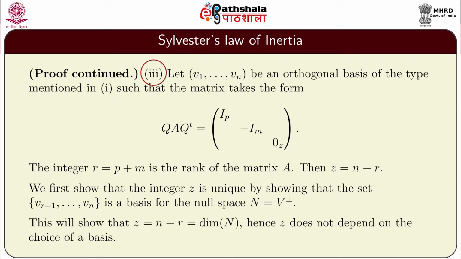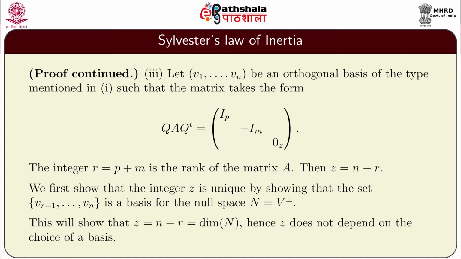Now, proof of part 3. Let V1, V2, ..., Vn be an orthogonal basis of the type mentioned in 1, such that the matrix takes the form which is given by this block Ip on the top left, that is a P cross P identity matrix, then negative of Im, that is the negative of the M cross M identity matrix, and 0Z, that is the Z cross Z zero matrix, and that is equal to Q A Q transpose.